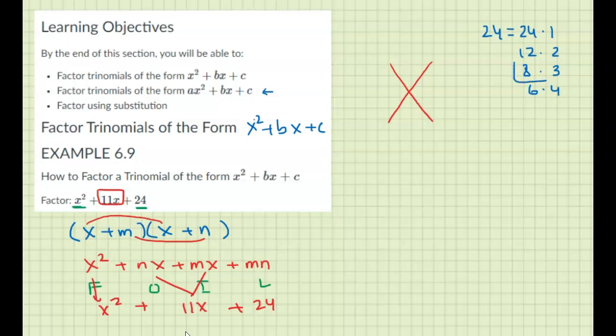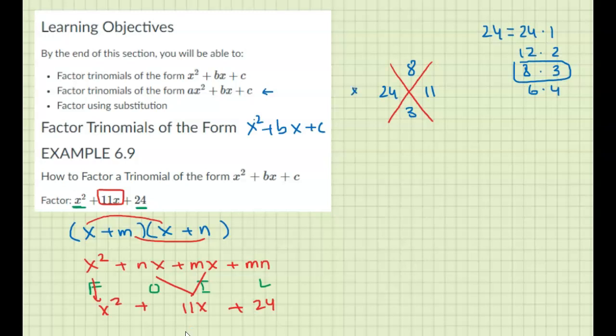You can see that this is what's going to work, because 8 times 3 gives you 24, and 8 plus 3 gives you 11. You can use this little cross to keep track of what you're doing: put the times in one and the adding in the other.